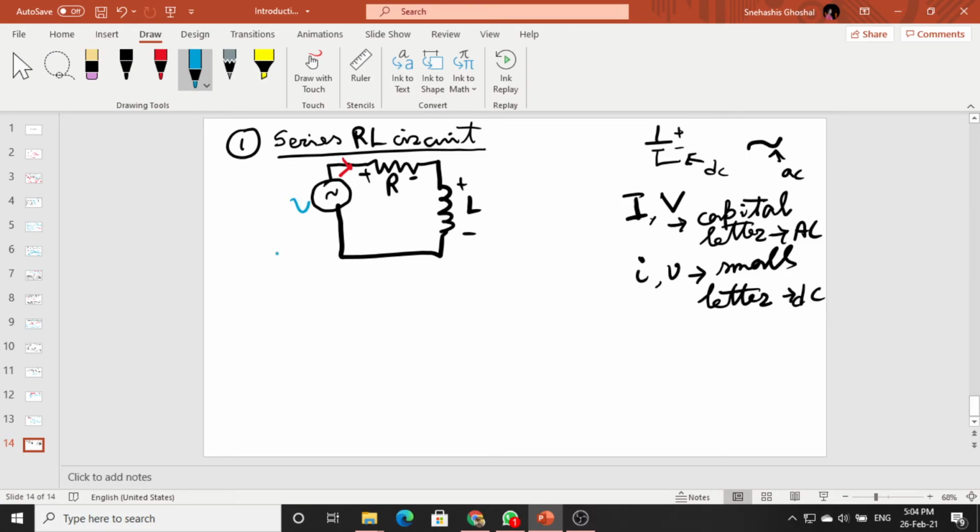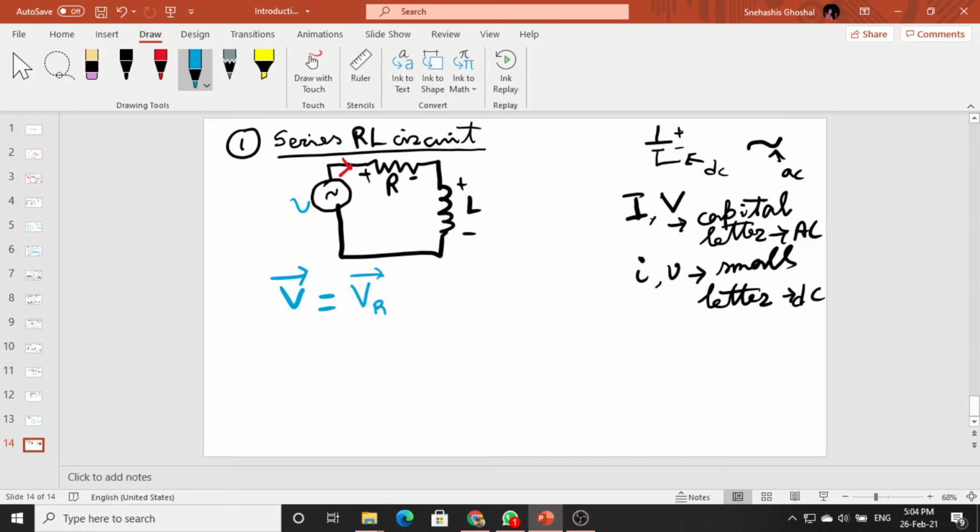If this voltage is V, the V in phasor form we represent mathematically by an arrowhead, just like a vector. We treat a phasor just like a vector, but the name is phasor. In case of a vector, there are magnitude and direction. In case of a phasor, there is magnitude and angle.